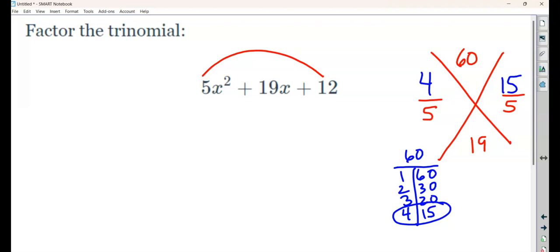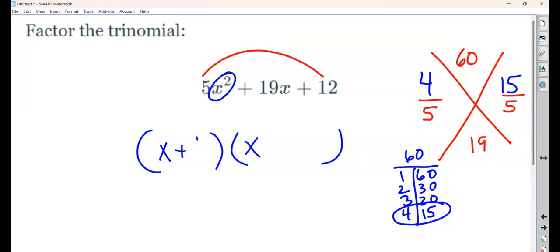So now what I'm going to do is take a look at my variable. I'm going to take half of its power, and then I'm going to take my answers here. And remember, you cannot have any fractions here. So you have two choices. You can either reduce the fraction, like 15 divided by 5 is 3.